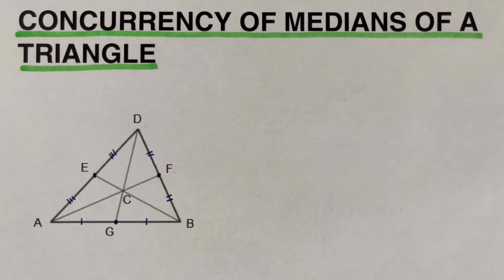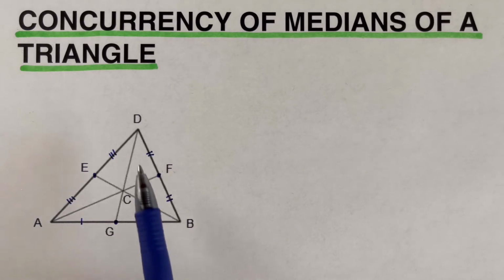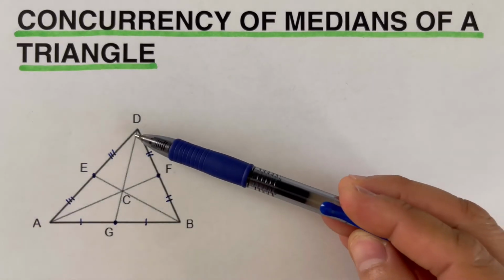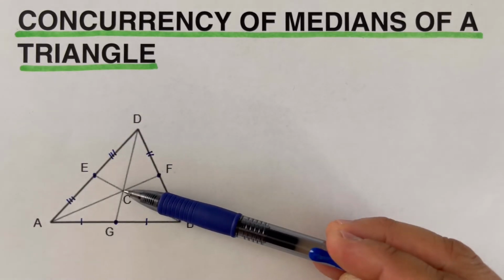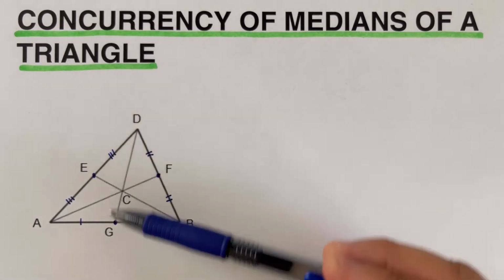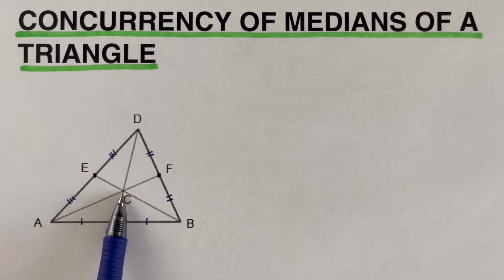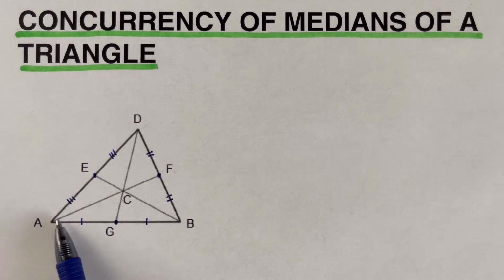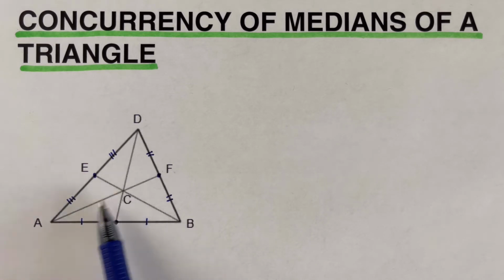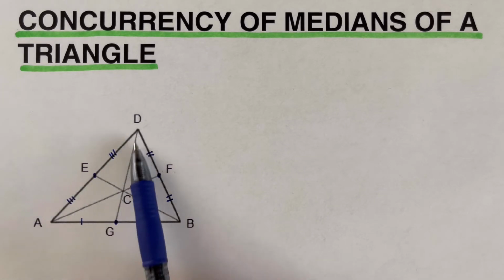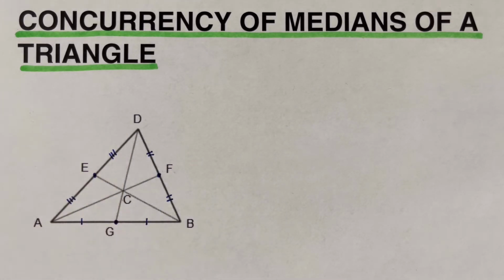Meaning if we look at this median DG, the length of DC is actually 2/3 of the whole thing. The length of BC is actually 2/3 of the whole thing. And the length of AC is actually 2/3 of the whole thing, provided that these are medians of the triangle.